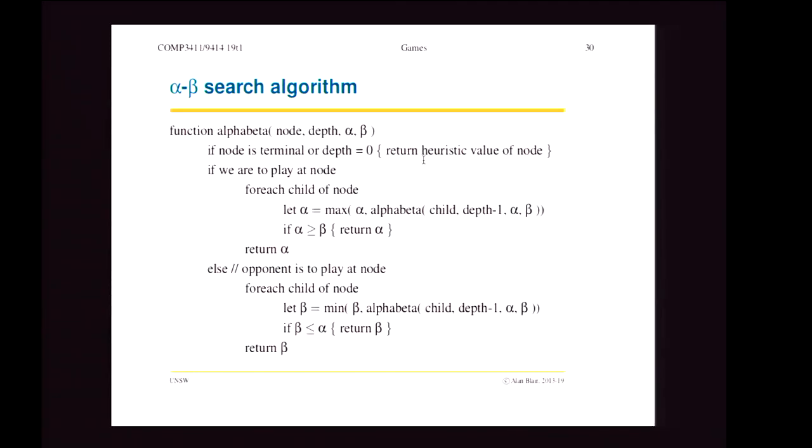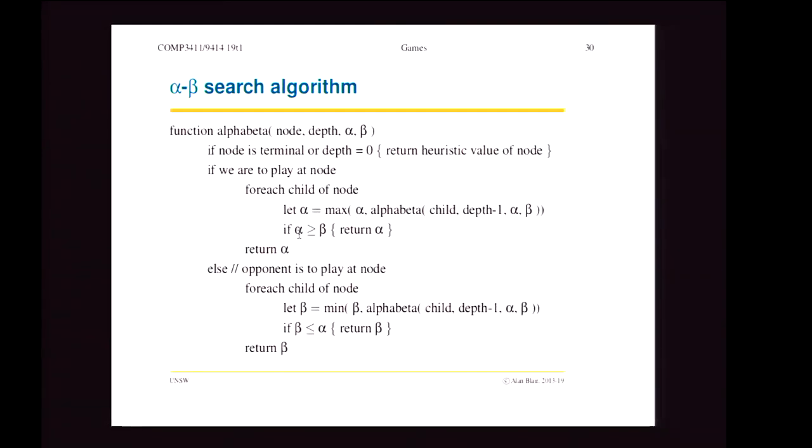But just with slight changes. So the only difference between this and minimax is this thing here, which tests for a cutoff. So we're passing down two values, alpha and beta, and then if it's a max node, we're looking for the maximum among the children.